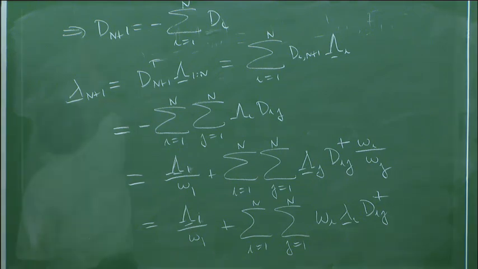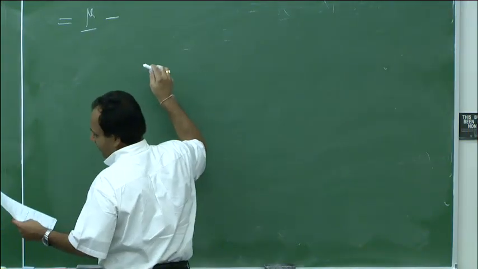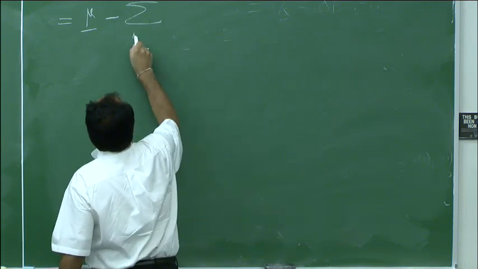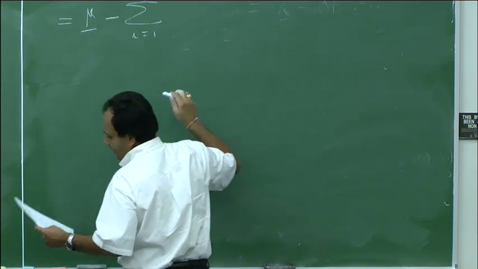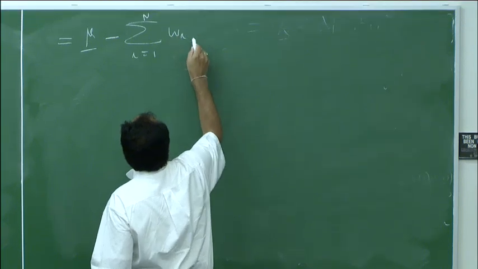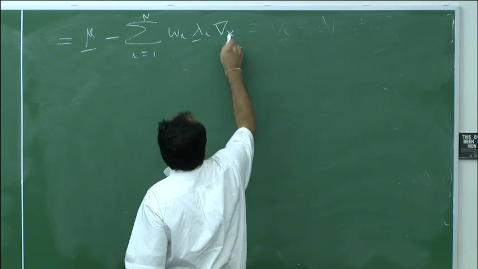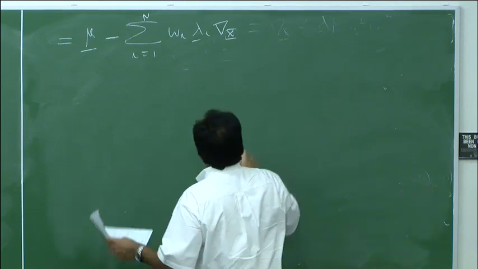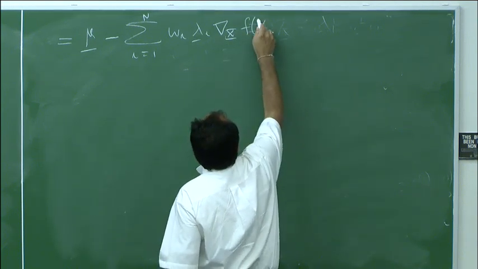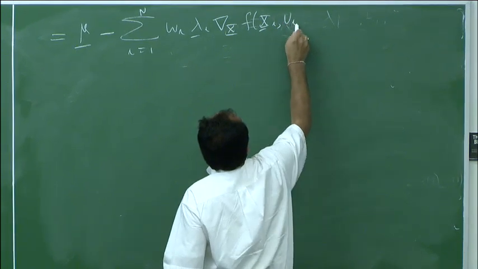So this is equal to mu minus the sum from i equals 1 to n of w_i times lambda_i times the gradient with respect to x of f(x_i, u_i).